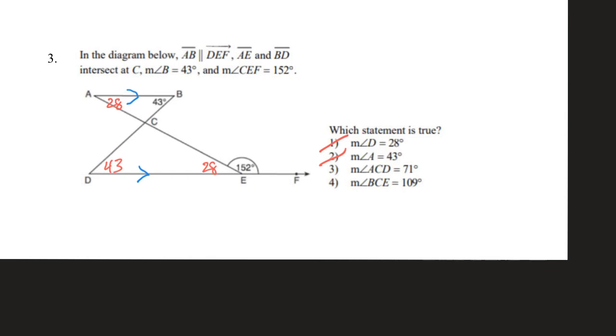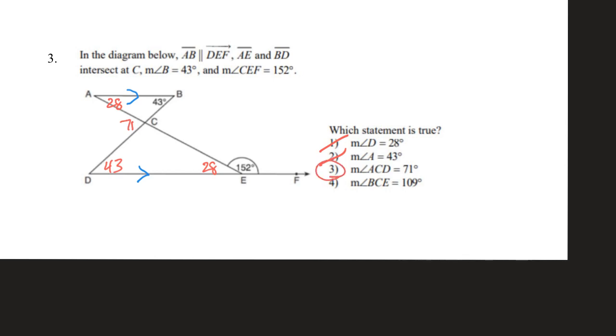So I can use the exterior angle theorem, which says that any exterior angle is equivalent to the sum of the two remote interior angles. So let's check to see if 28 plus 43 is equal to 71, and indeed it is. So this out here is 71 degrees. So right now, I think it's choice 3.